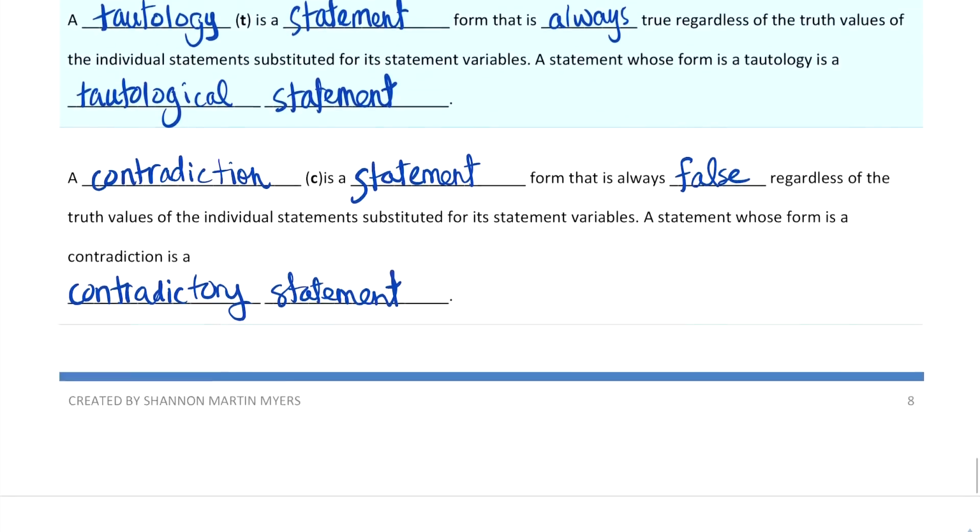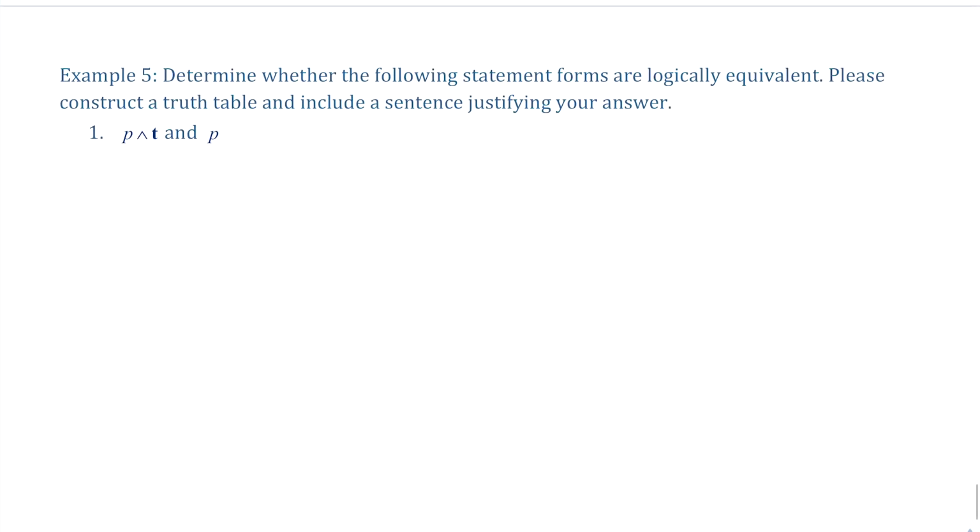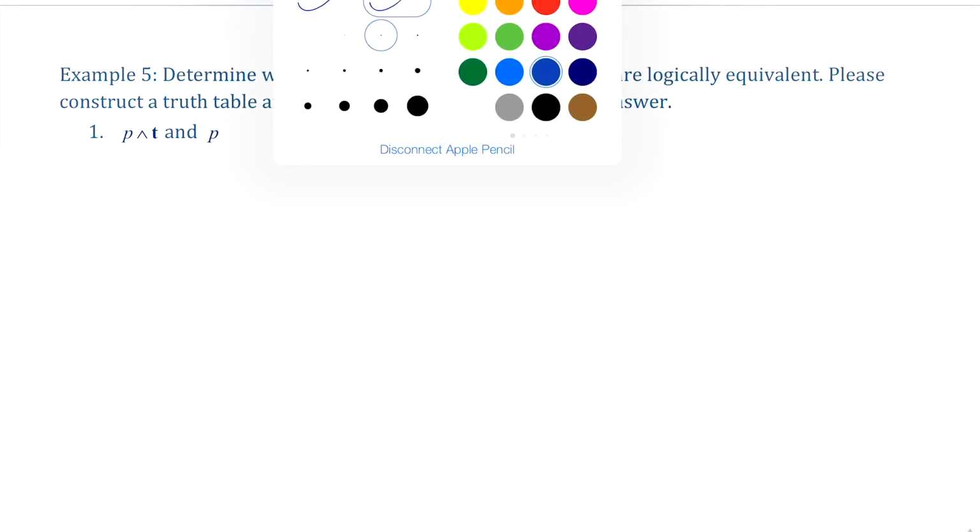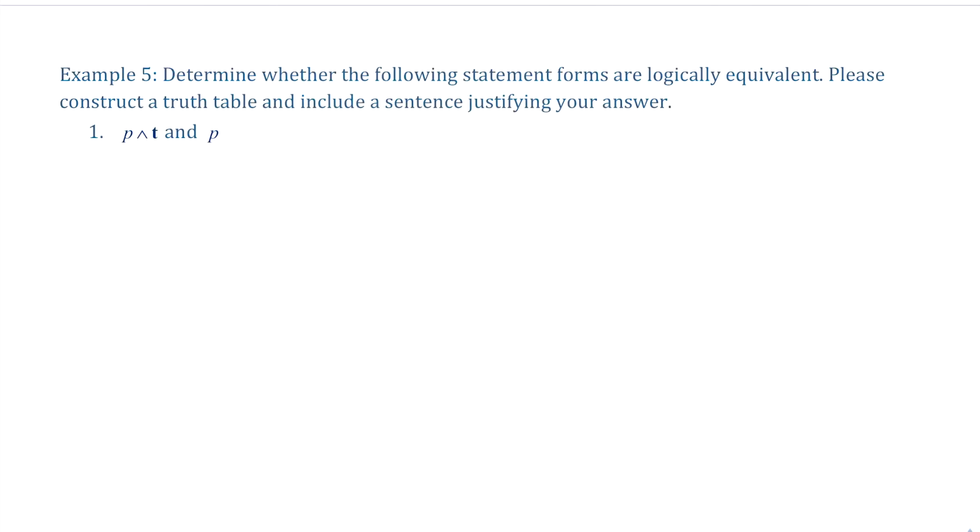Okay, so let's take a look at the next example. For example 5, we want to do pretty much the same thing as example 4, but now we've got this tautology business and contradiction business. It's a little bit simplified in that a tautology is always true, so we're only going to need 2 rows, because there's only one situation for that.